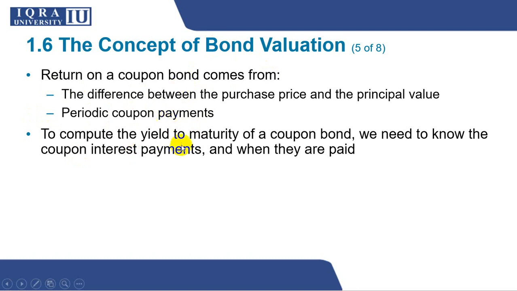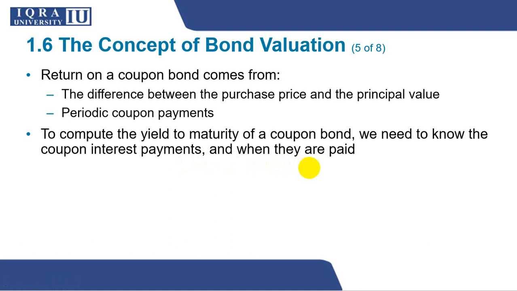So to compute the yield to maturity, what you will get at the maturity of a coupon bond, we need to know the coupon interest payments, how many payments, and when they are paid. Their timing must be known. As I have told you earlier, the time value of money is at the core of the financial management course.